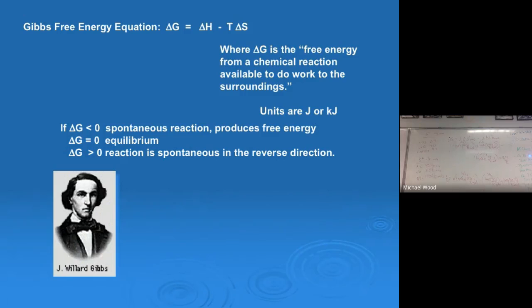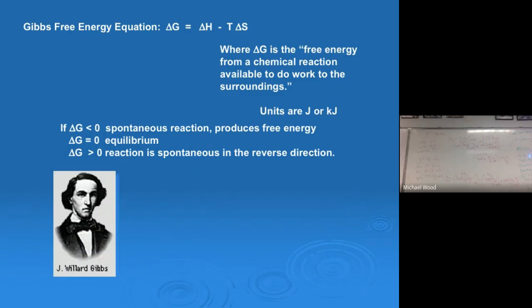It depends on delta G. And when delta G is less than zero, when it's negative, it's spontaneous. It produces free energy. And hopefully today, and if not on Monday, I'll talk about this: when delta G is zero, it's at equilibrium.